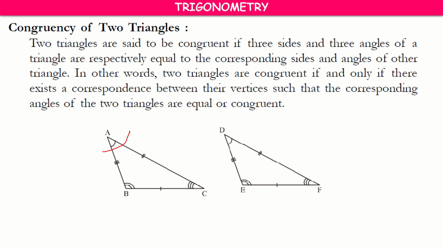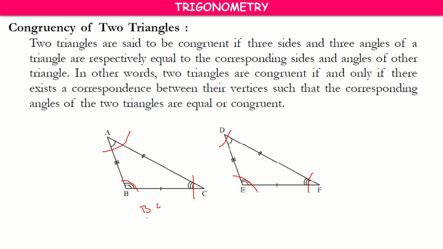Corresponding angles means angle A equals angle D, angle B equals angle E, angle C equals angle F. Understand? Corresponding angles are equal. Just observe this: top angle, left angle, right side angle. And in the same way, corresponding sides are proportional.